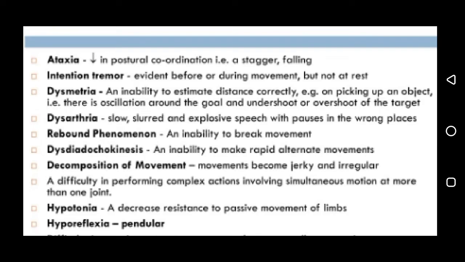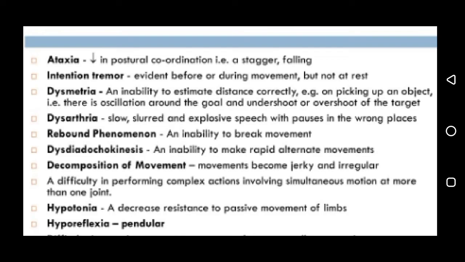That is, he decomposes the movement into steps, and this is also due to failure of coordination. There is difficulty in performing complex actions involving simultaneous motion at more than one joint.